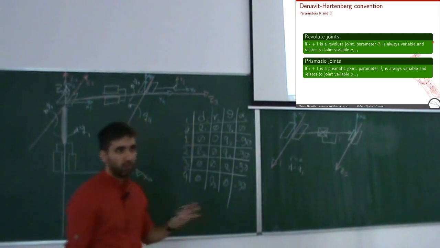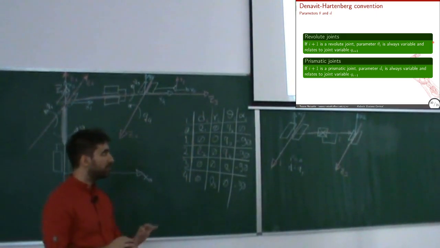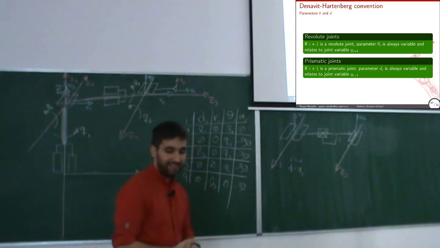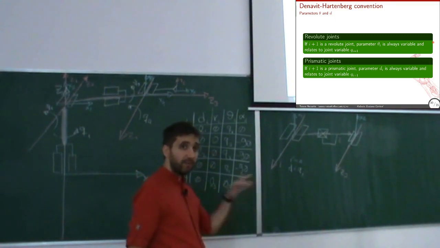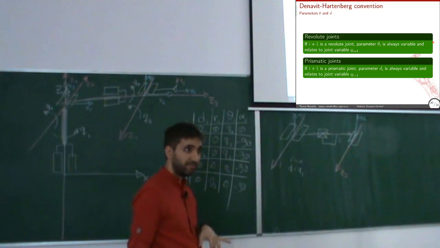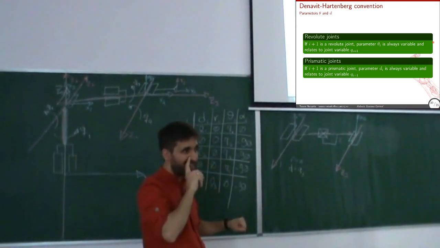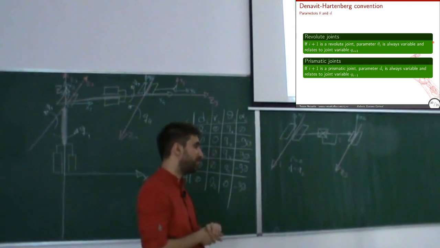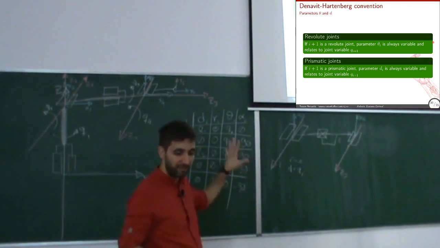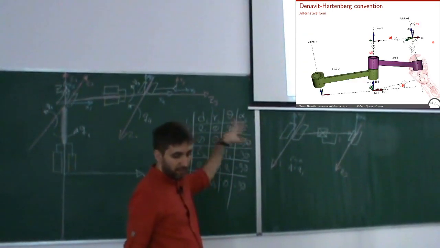Now, to confuse things even more, there are 5 more slides. There is another way to define the parameters. There are 2 different ways of defining the same thing, kind of. Some people prefer this way, some people prefer the other way. I prefer this way. There is an alternative form.